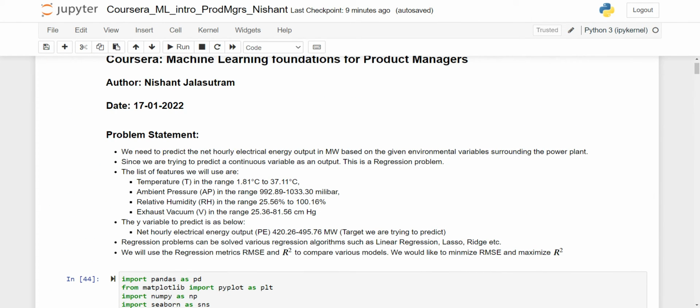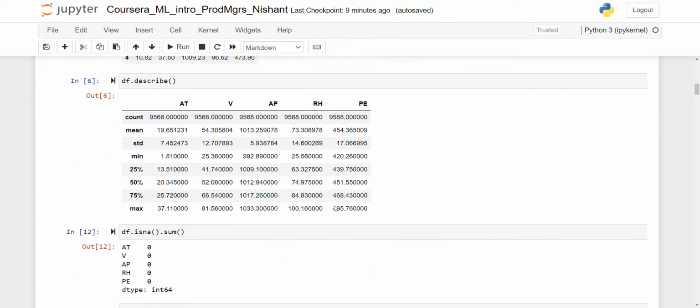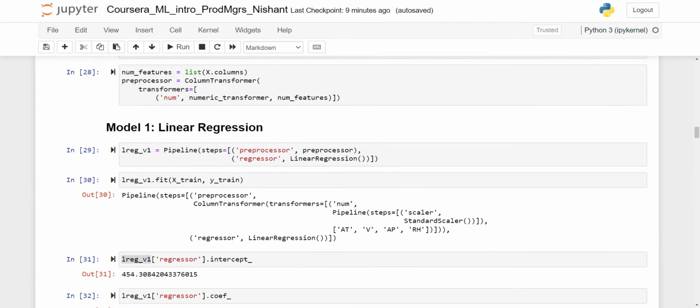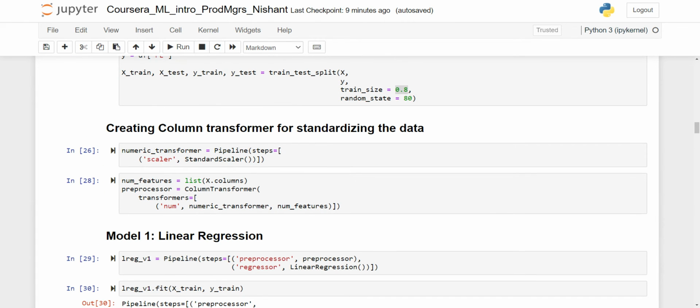The temperature is between 1.8 and 37.11, whereas the pressure is between 992 and 1033. Since they are not on the same scale, I have standardized the data to ensure that we get accurate results, using the column transformer here.